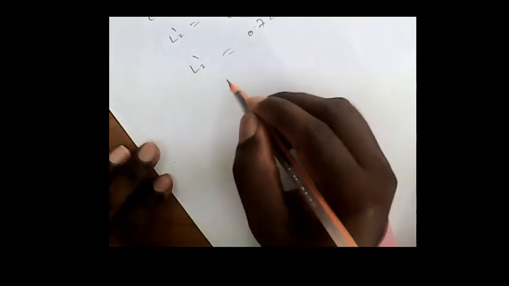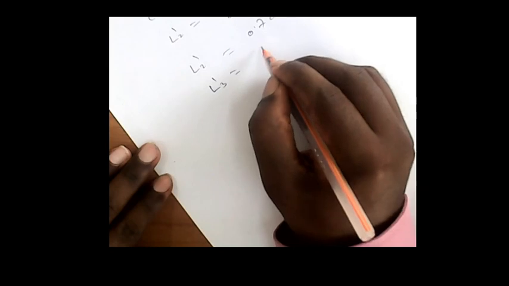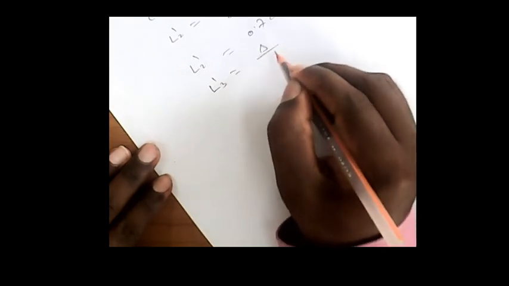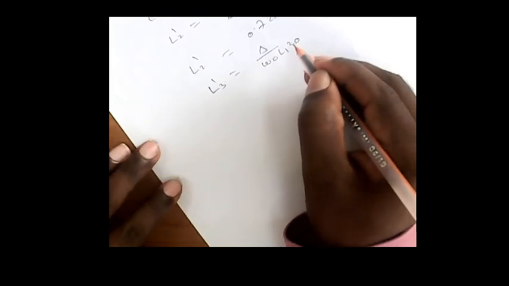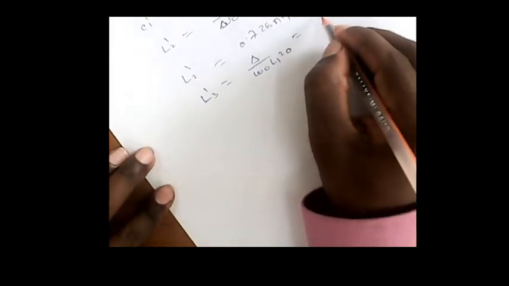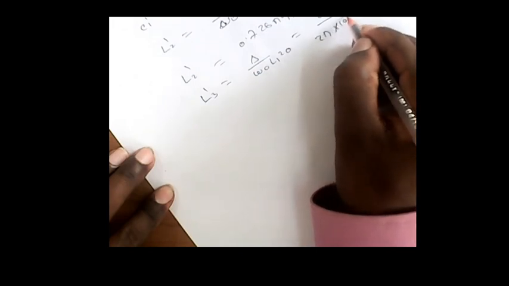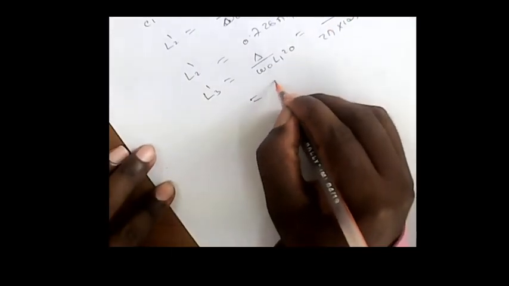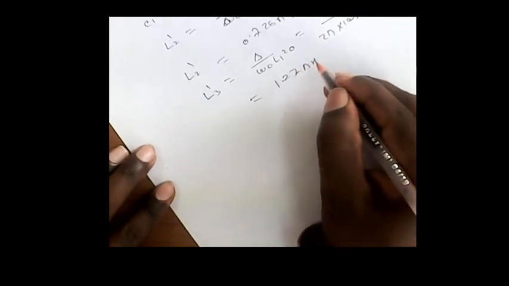Similarly, we can calculate L3 dash. L3 dash is equal to delta over omega 0 L1 Z0. Put the values delta 0.1, 2 pi 10 raised to 9, 1.5963, and Z0 equal to 50, which comes out to 1.720 nanohenry.